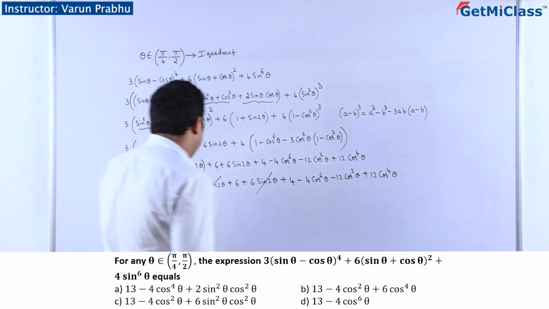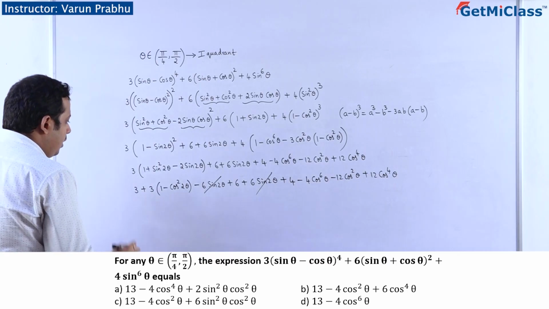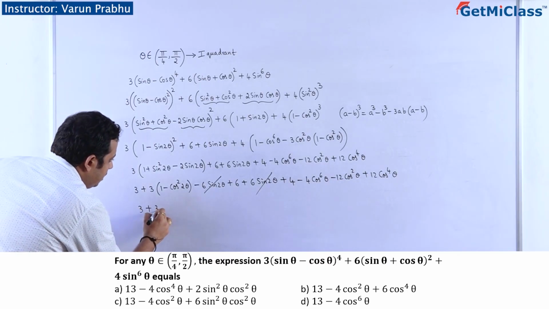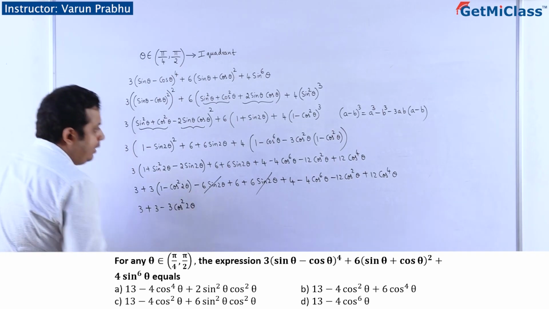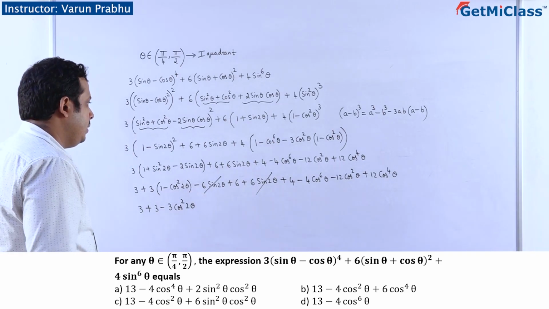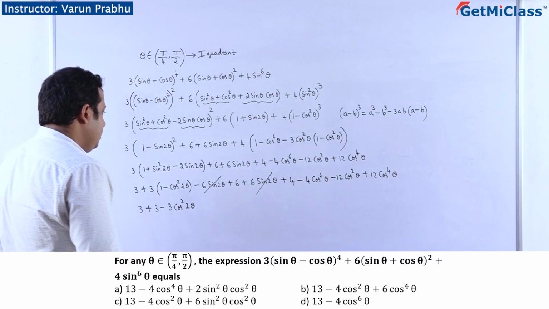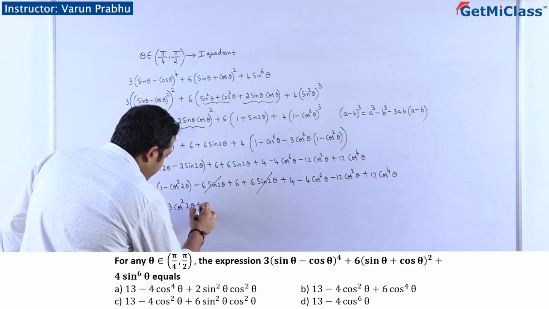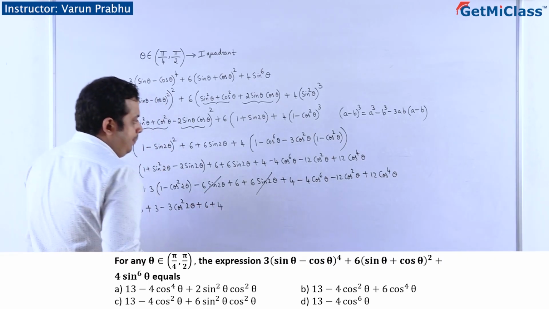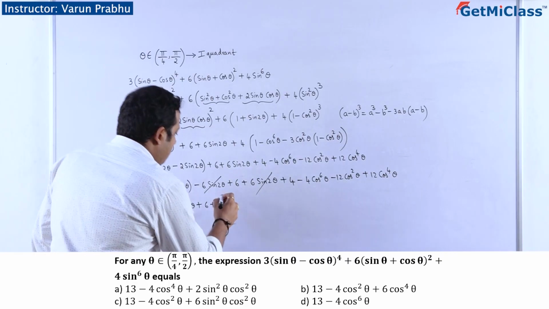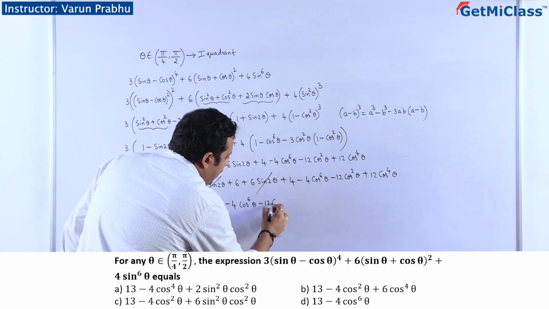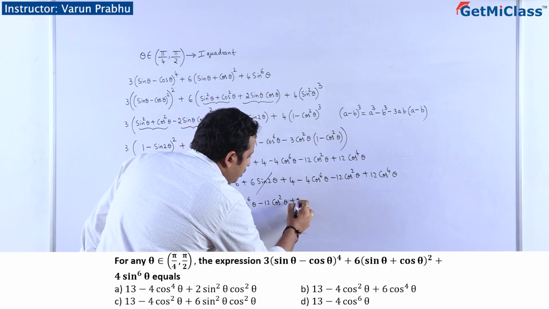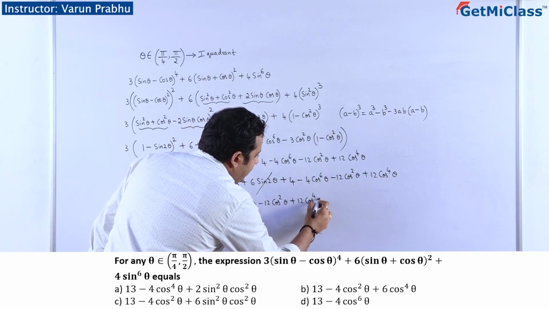So your answer to the question will be 3 plus 3 minus 3 cos squared 2 theta plus 6 plus 4 minus 4 cos to the power 6 theta minus 12 cos squared theta plus 12 cos to the power 4 theta. Is it okay?